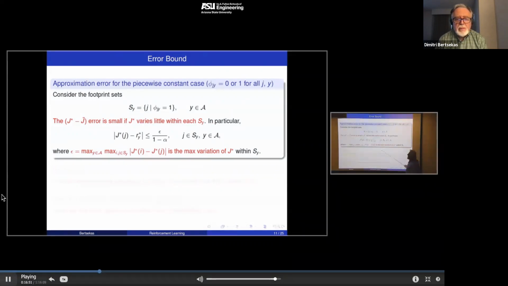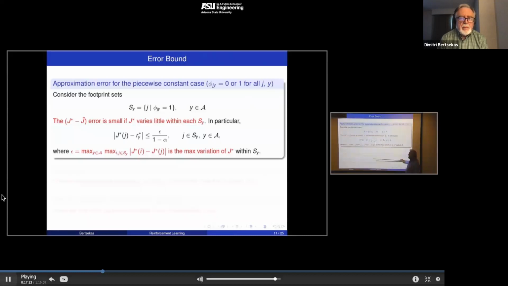The result basically says that the error between aggregate cost and optimal cost is small if J star varies little within each footprint. In other words, you get an approximation that's piecewise constant like that, and if J star itself also varies very little within these footprint sets, then the approximation to the optimal cost is small.